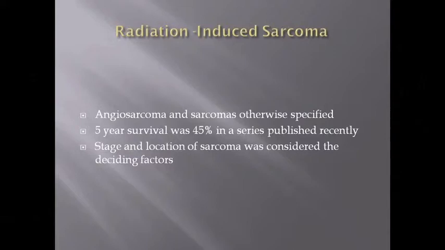So angiosarcomas and sarcomas otherwise specified is what we see, and the example which I showed you is clearly an angiosarcoma. So 5-year survival was 45% in a series published recently, and stage and location of sarcoma were considered to be the deciding factors.